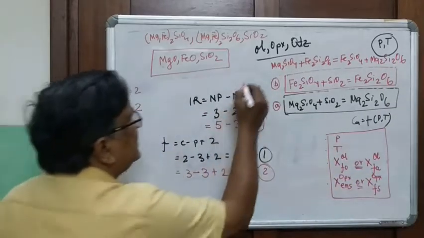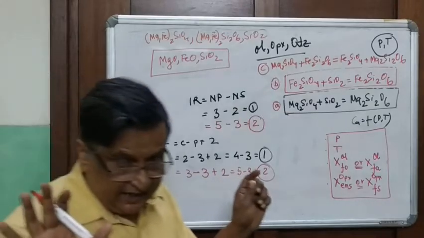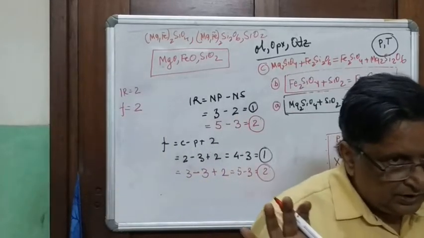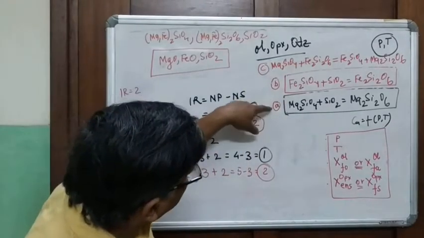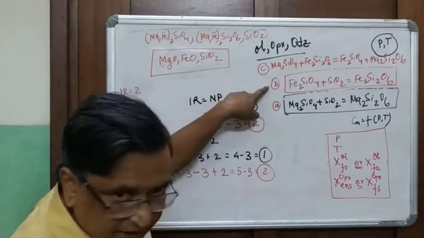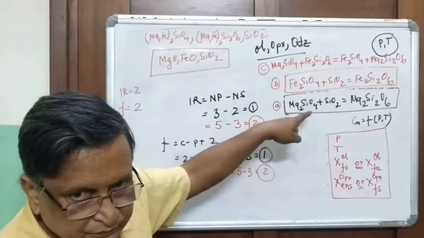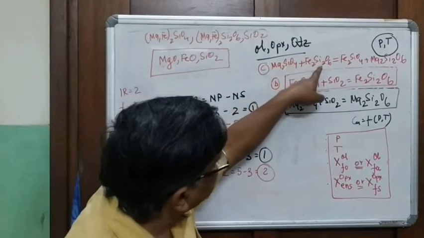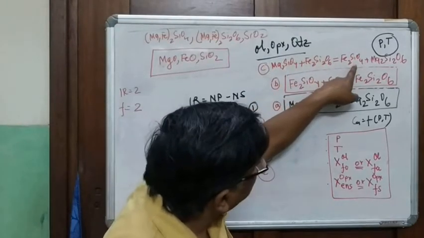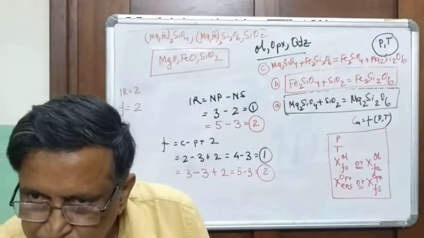You see, this is your reaction C. You have 3 reactions possible. How did I get this C? By algebraic addition of A and B, and by eliminating SiO2. If I do this, then you have Mg2SiO4 plus Fe2Si2O6 is equal to Fe2SiO4 plus Mg2Si2O6.